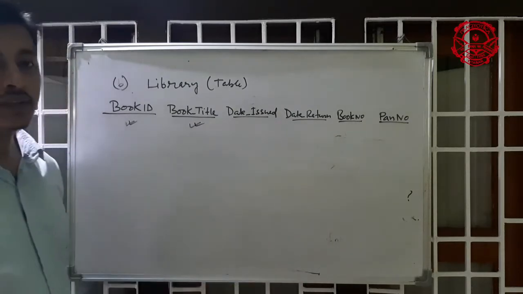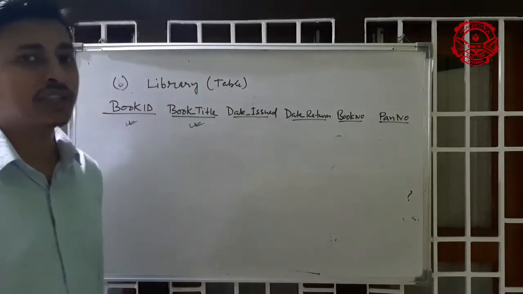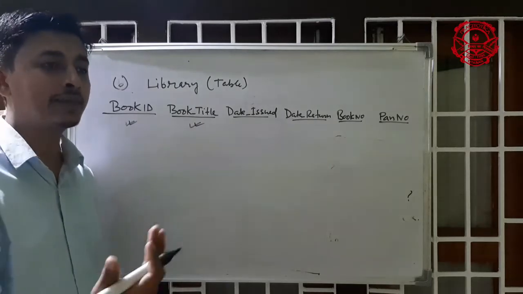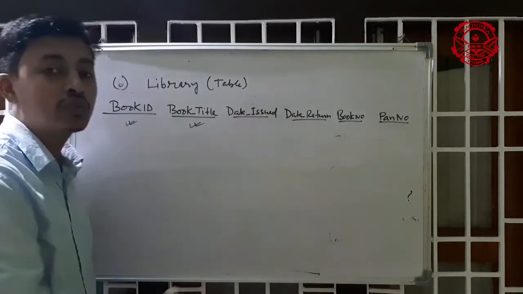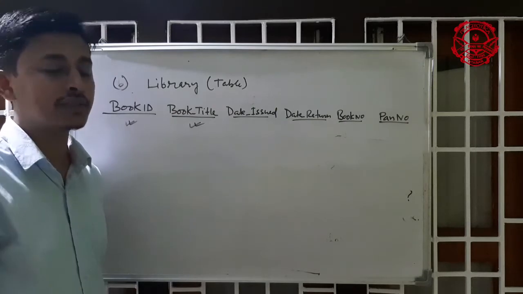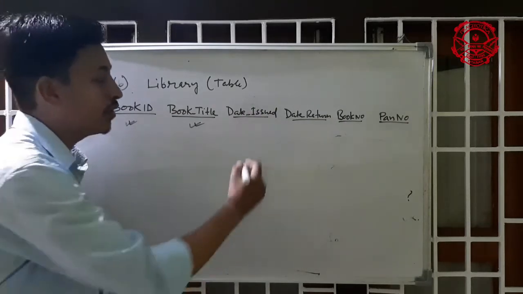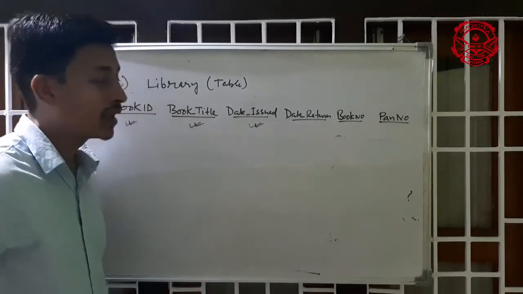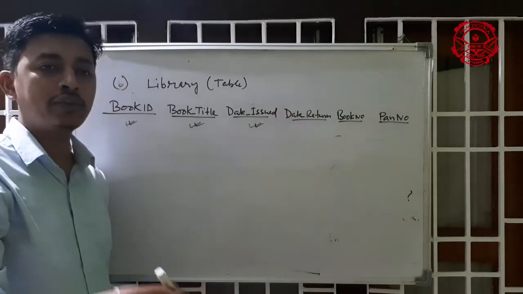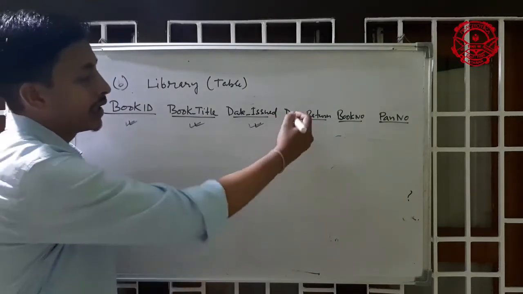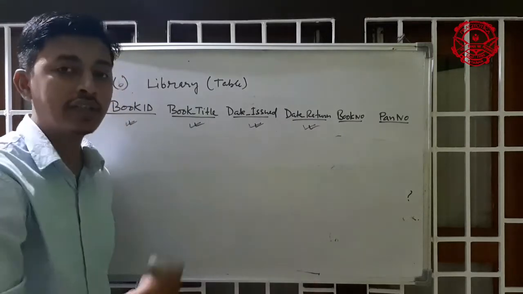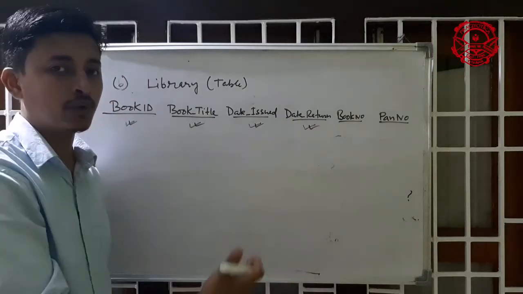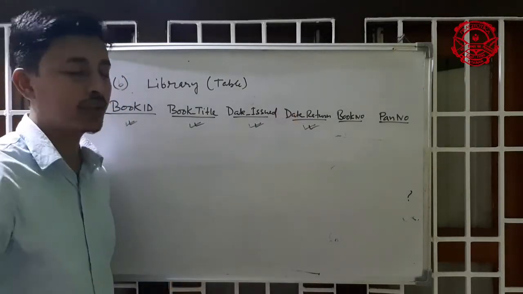Date issued: when we go to the library and need a book, we have to issue the book from the librarian. So date issued is also important. Return date means the date we return the book, which is also important.